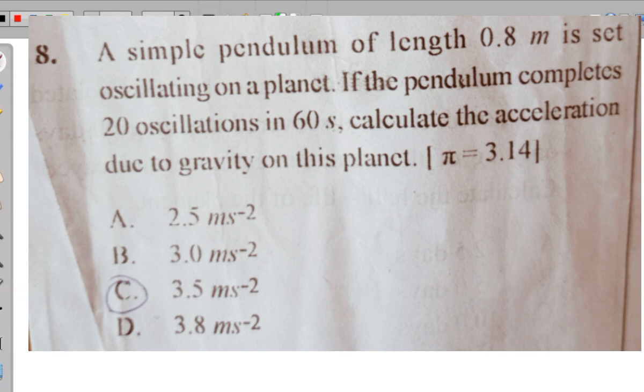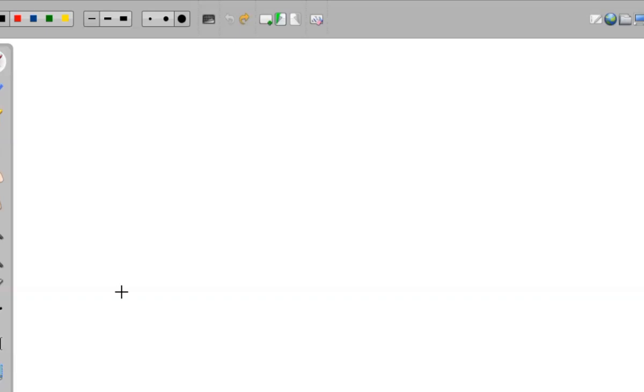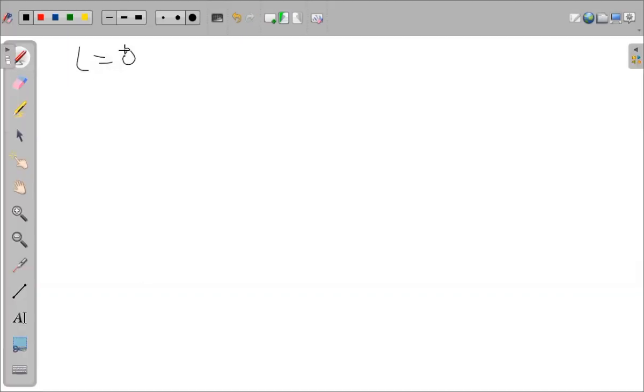I will take the question again. A simple pendulum of length 0.8 meters. So what I have first there is my L, 0.8 meters, is set oscillating on a planet. We don't know the planet. If the pendulum completes 20 oscillations, so the number of oscillations is 20, in 60 seconds.